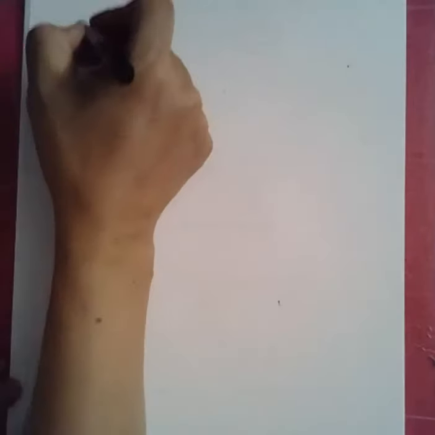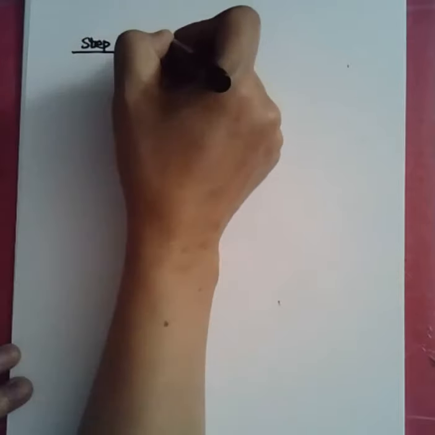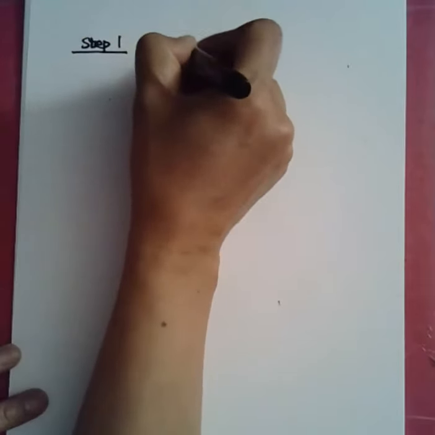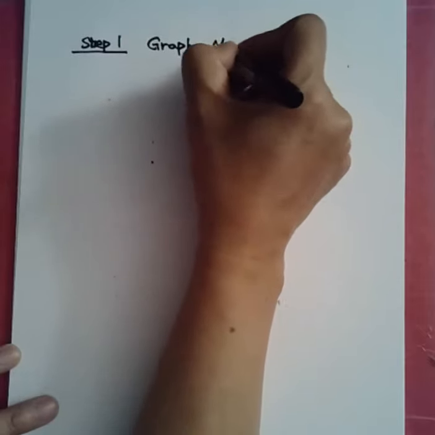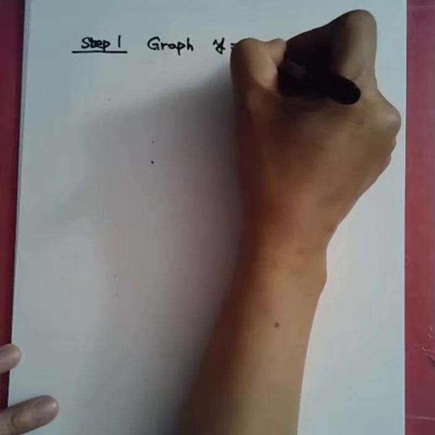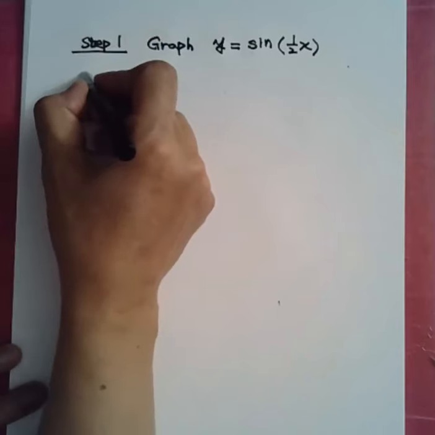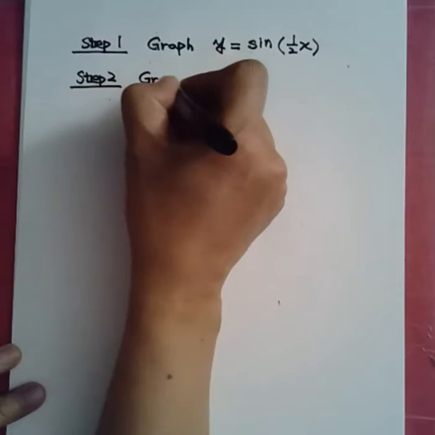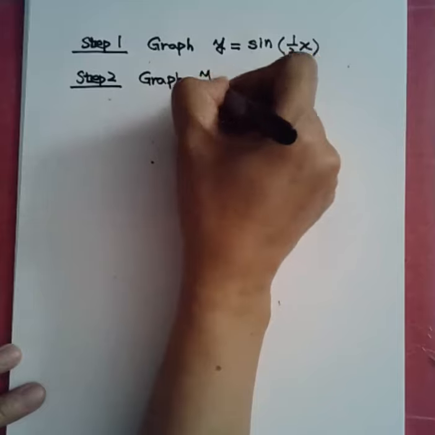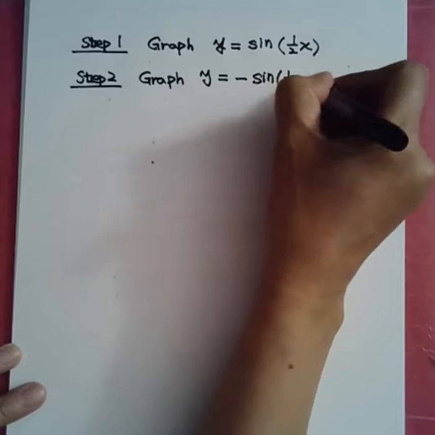There are 2 steps to graph this function. In the first step, we will just forget the sign in front of the sine function. So we will graph y equals sine of 1/2 x. In the second step, we will graph y equals minus sine of 1/2 x.